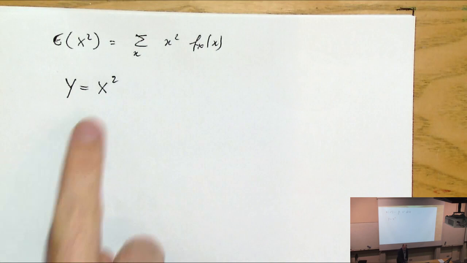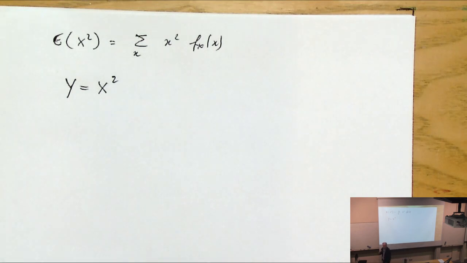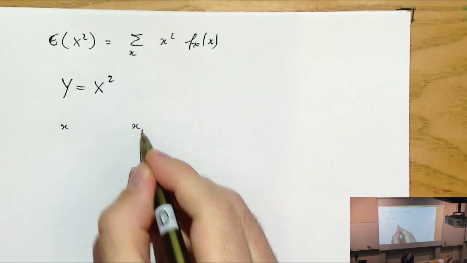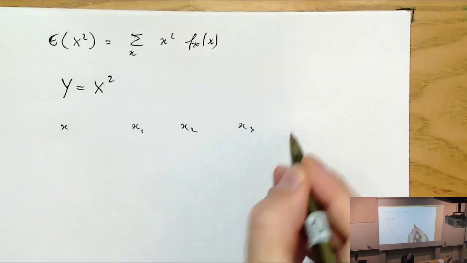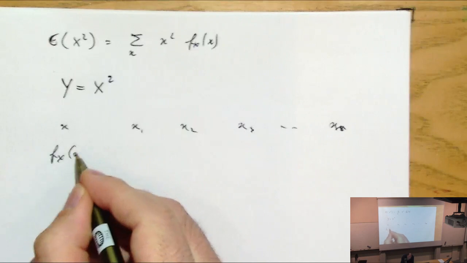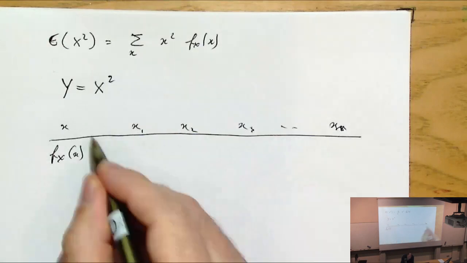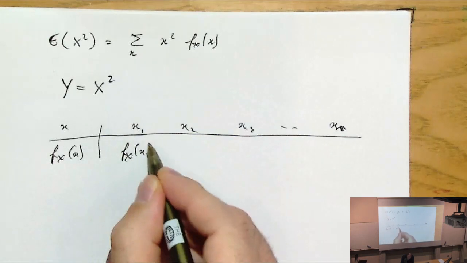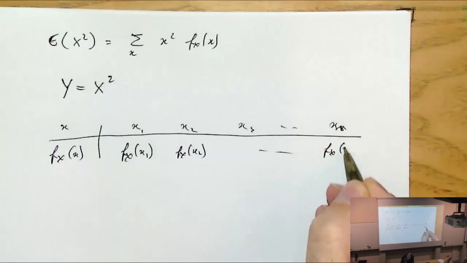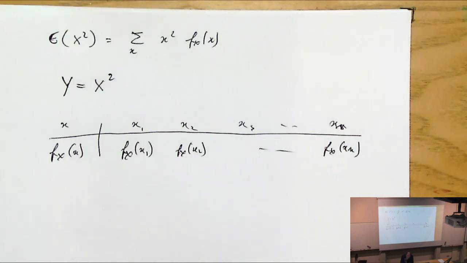So when x was equal to 10, for instance, in your score, now I take a y that is equal to 100, right? So I can say x can take value x1, x2, x3, all the way to xn. Fx of x would take value fx of x1, fx of x2, all the way to fx of xn, right?